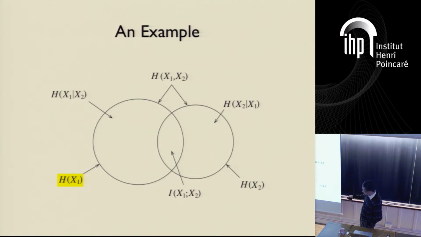The area of the left circle is identified as the entropy of x1. The area of the right circle is identified as the entropy of x2, and the area of the union is identified as the joint entropy of x1 and x2. This part is entropy of x1 given x2. This part is entropy of x2 given x1, and the intersection is identified as the mutual information between x1 and x2. That's very simple.